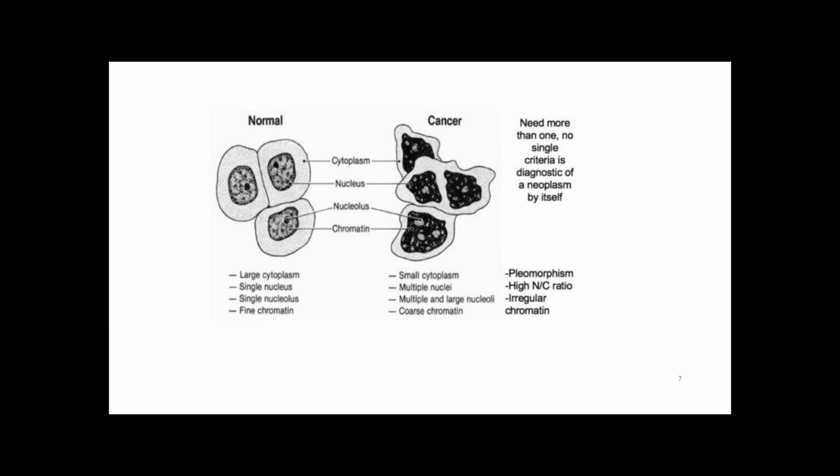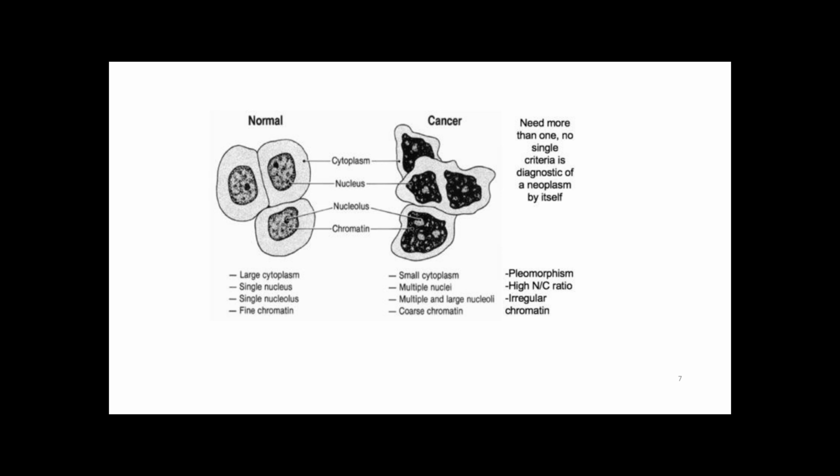But in cancer cells, the cytoplasm is smaller because these cells are immature, and we can see multiple nuclei, multiple and large nucleoli, and coarse chromatin. Coarse chromatin means in some areas the chromatin is thicker, in some areas not. That's why we call it coarse. Fine means evenly distributed inside the nucleus.